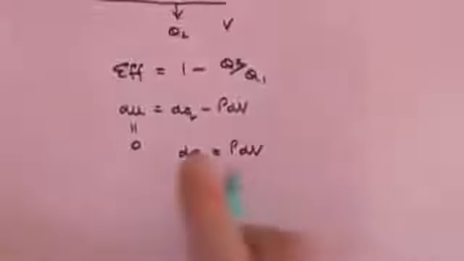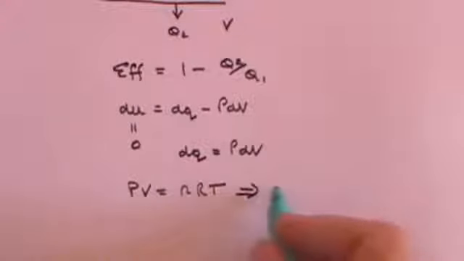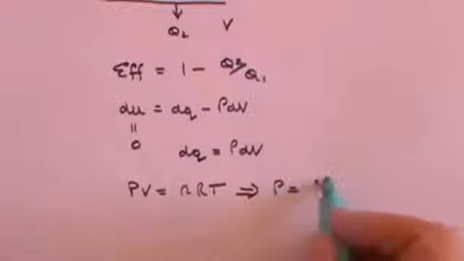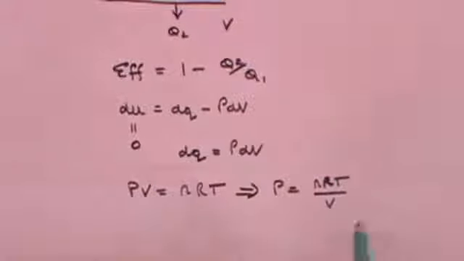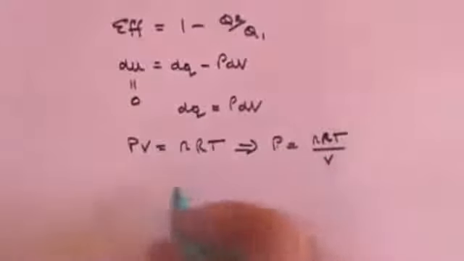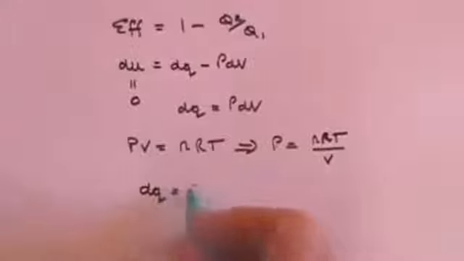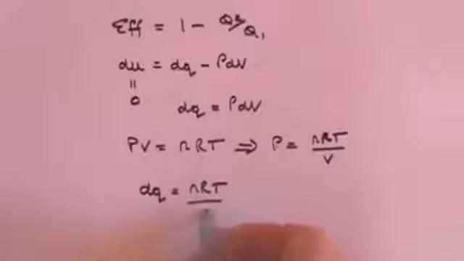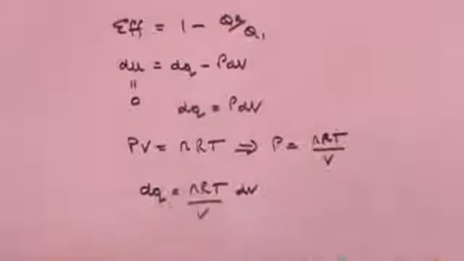Now once again, the ideal gas law tells us that PV equals nRT, which means that P is equal to nRT over V, and we can substitute that P in here. So now we get that dQ is equal to nRT over V dV.